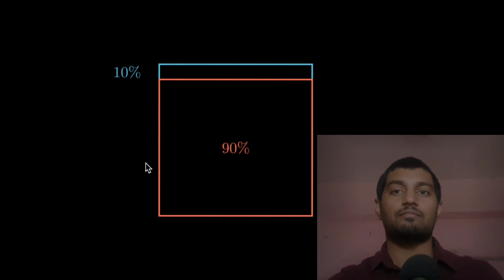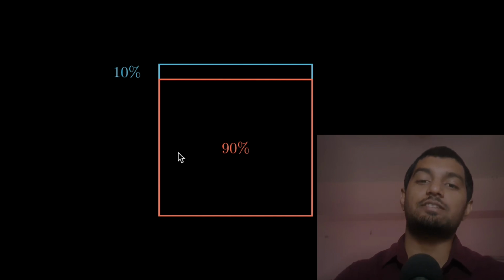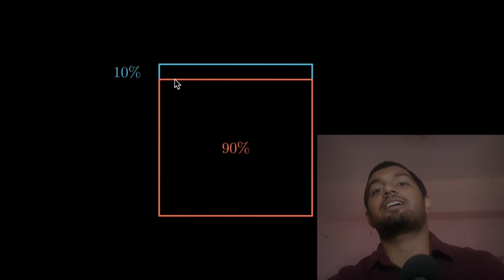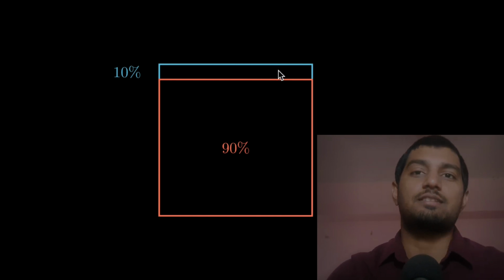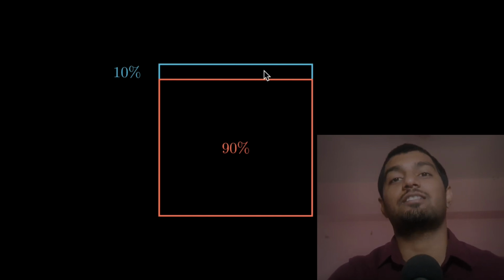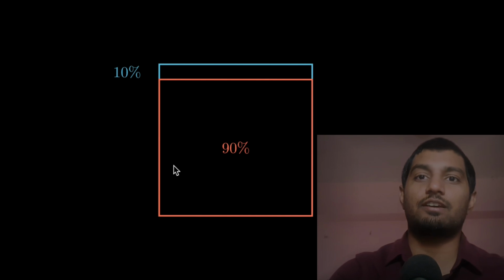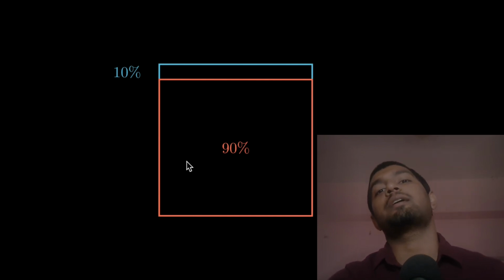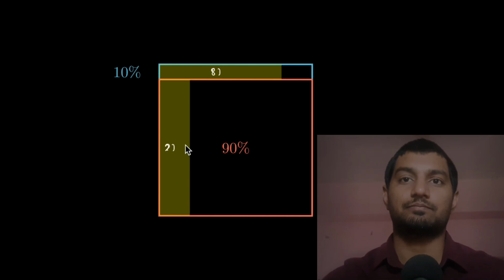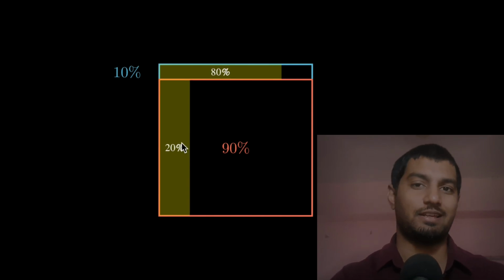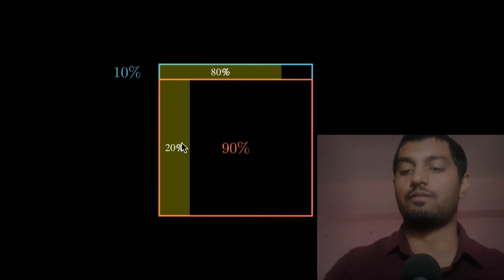Then there was extra information that 80% of women have longer hair. So I can fill this area 80% with some color and say these are the women with long hair. Then we fill 20% of the men's area and say these are the men with long hair. So it will look something like this. This is all the information we have.